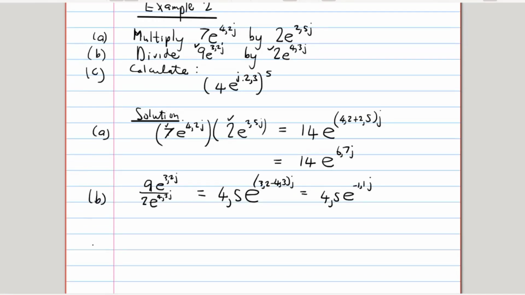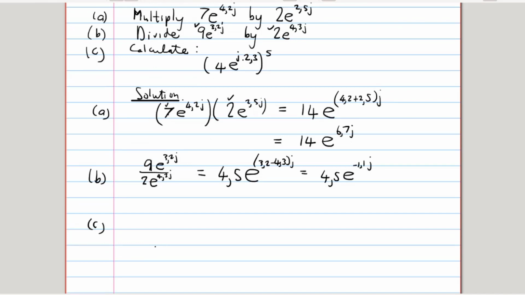And then for the last one, C, well, there, guys, you just have to raise 4 to the exponent 5, right? And then multiply in the exponent by 5, also there. So you just say j times 5 times 2.3. That's all you do there, okay?